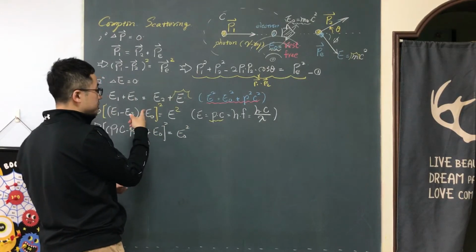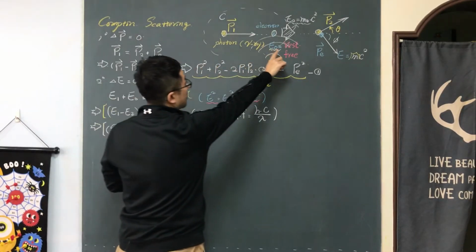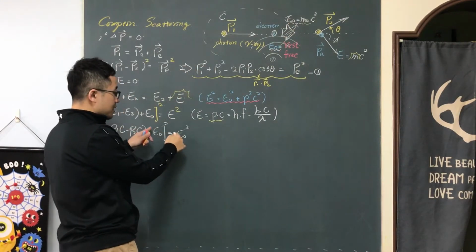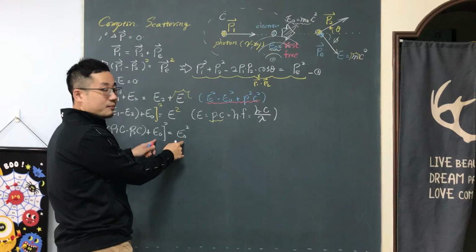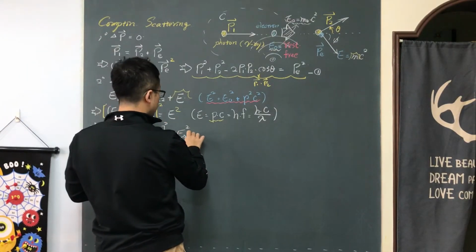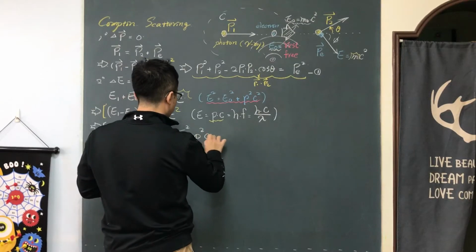The reason why I didn't want to expand E naught to be M naught times C squared is because I'm ready to cancel the E naught squared. So I'm going to leave this in the original form, and E squared is equal to E naught squared plus P squared times C squared.